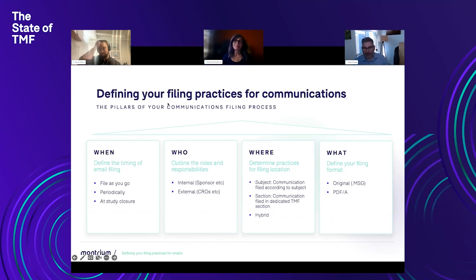I think email correspondence actually is a really good candidate for AI. I think that AI could be used to manage it a lot better, because with AI we can do things like detecting duplicates very easily, because it's pattern based, right?